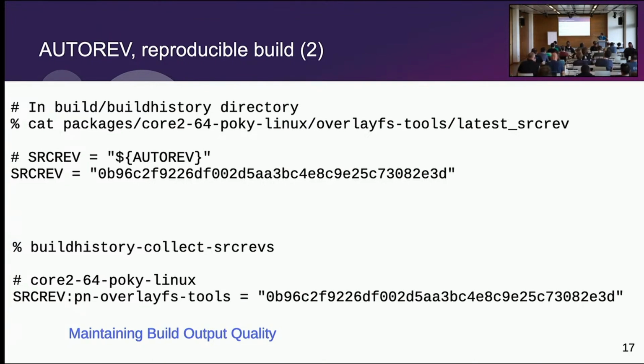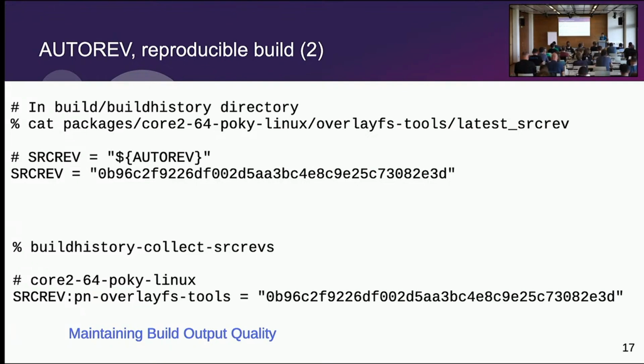The build history also provides, I think it's another binary, but I don't remember correctly. If you source the environment, it is available. It's called buildhistory-collect-srcrevs, and that does exactly that. It collects all the source revision information from the build tree. Not only with AUTOREV, it can collect everything. So there are more parameters. Again, you can find them following that link.